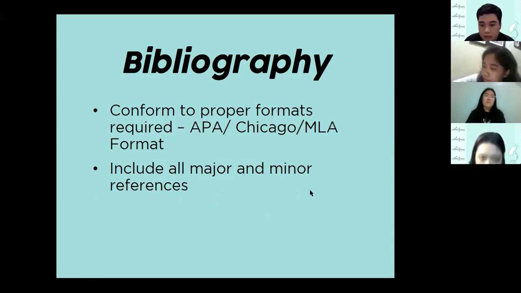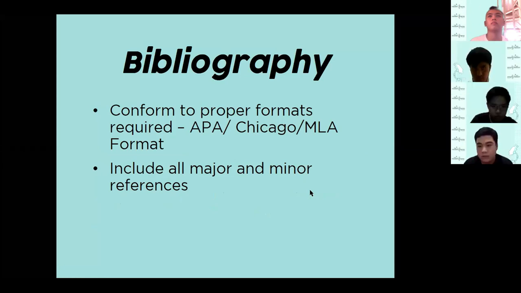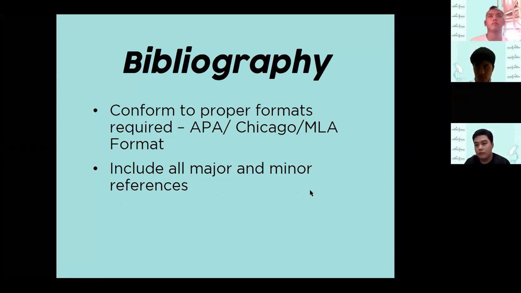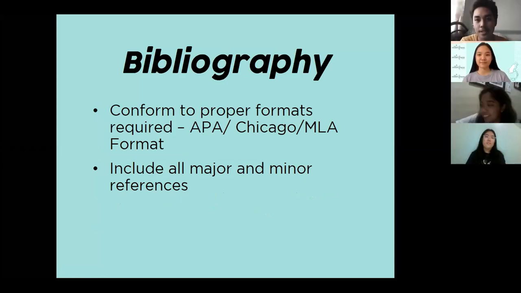Okay, so next is the bibliography. Dito sa bibliography, ililista lahat ng mga sources na ginamit nyo sa paghahanap or yung mga sources na naging basis nyo sa paggawa ng RRL or Review of Related Literatures. Dito rin nakalagay kung anong link, kung anong title ng mga sources na ginamit nyo.